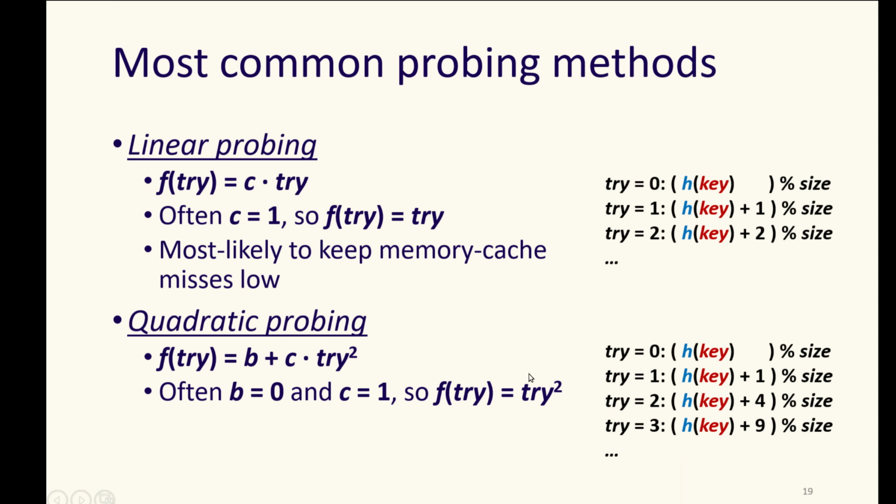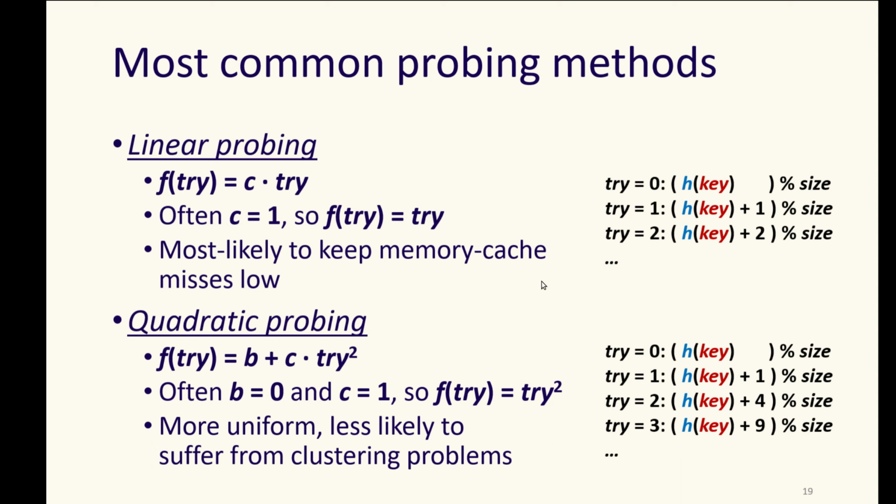So we will fail sooner, or we will jump through things faster, not having to iterate all the way through the hash table. But we'll also maybe miss some opportunities with it too. So one can be slower if you're very full to find out that you don't have space for something, and the other one can be faster, but you might miss some opportunities. It is less likely to over-cluster and overfill a small region in the hash table, though.